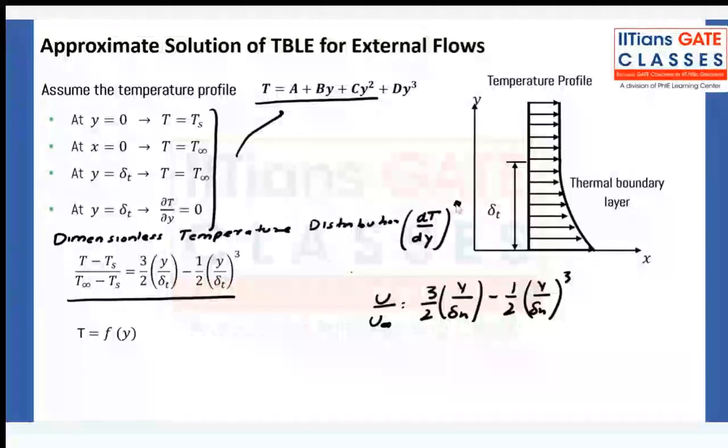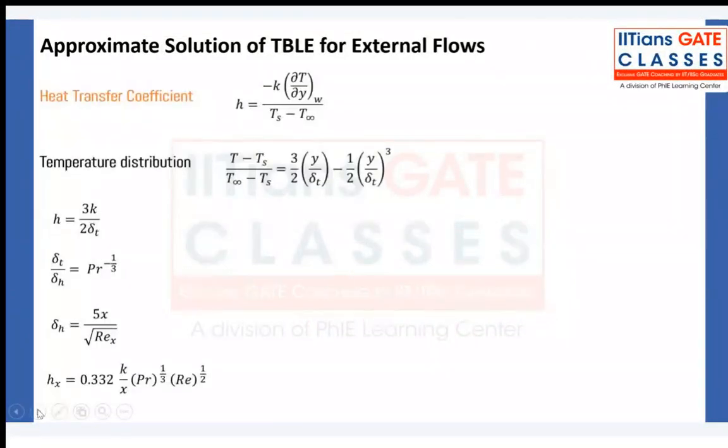Now I need to find out the third objective, which is the heat transfer coefficient. So at the wall I have defined this. Q dot conduction at the wall will be equal to Q dot convection. This is my temperature distribution equation.